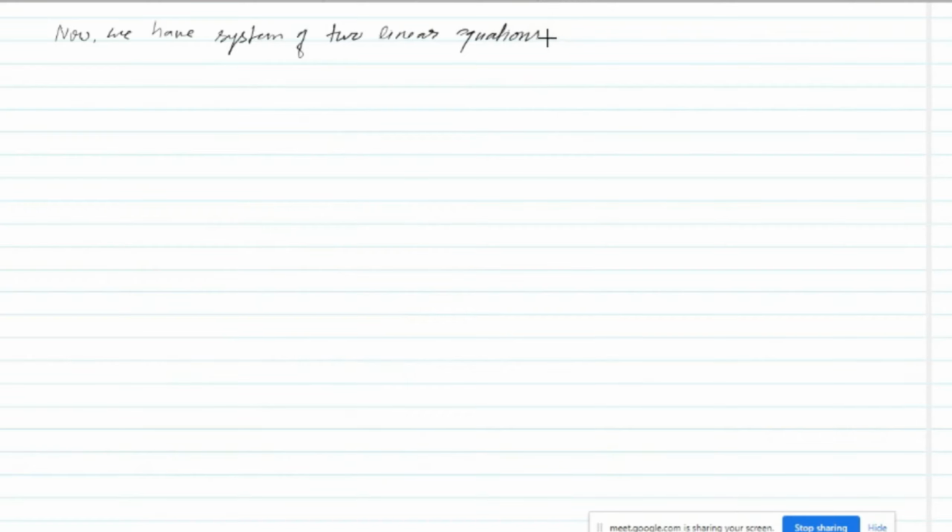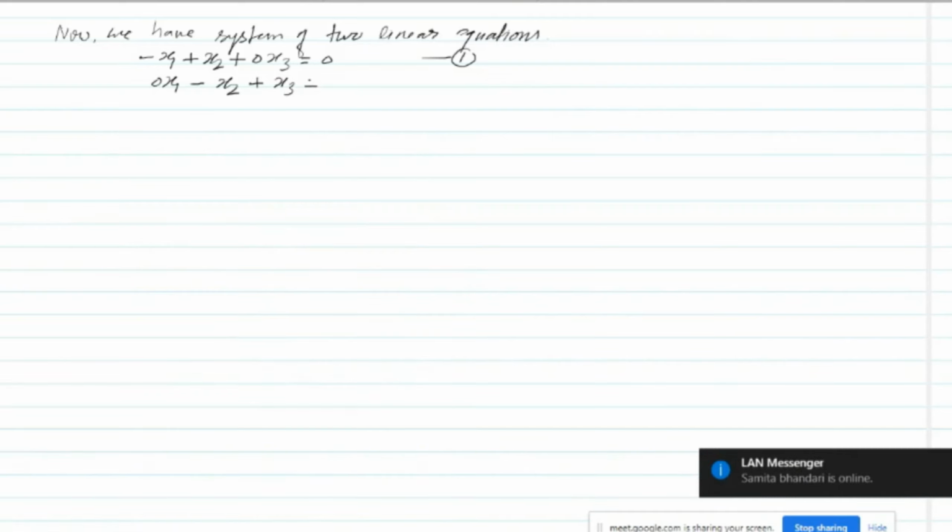Just write down: minus x1 plus x2 plus 0 x3 equal to 0. Name this equation number 1. And the next one: 0 x1 minus x2 plus x3 equal to 0. Name this equation number 2.